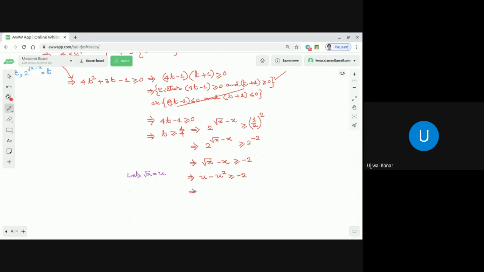So this implies u square minus u minus 2 is less than or equal to 0. Correct or not? So u square minus u minus 2, we can do a middle term factorization. So u minus 2 into u plus 1 is less than or equal to 0.